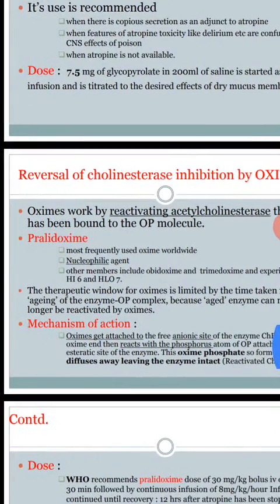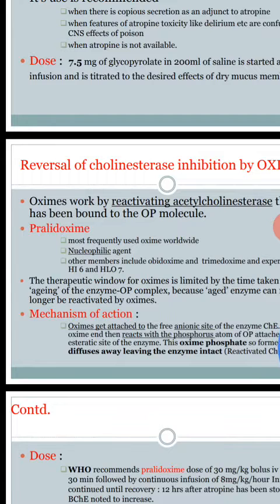Next, the second antidote is oximes. What are oximes? Oximes reverse the inhibition of the cholinesterase enzyme, so they restore the activity of the cholinesterase enzyme function. Previously the cholinesterase enzyme was inhibited by the organophosphorus compound.